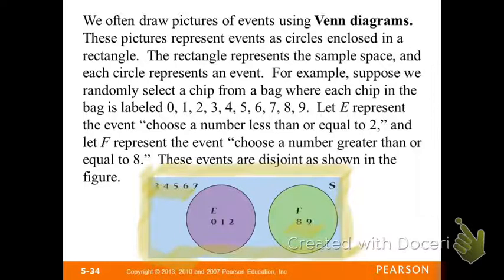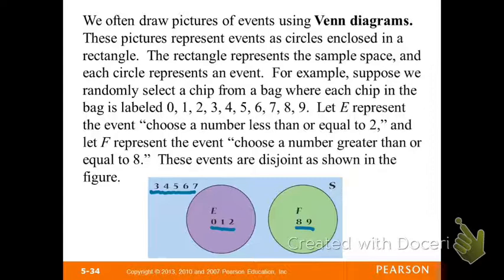So all of the digits are available there, and they are divided into different subsets. So we have E, which is 0, 1, and 2. F is 8 and 9, and then the 3, 4, 5, 6, 7 are digits that are in S, but not in E or F. The important thing is to note that all three of these sets are disjoint. In other words, they have no events in common.